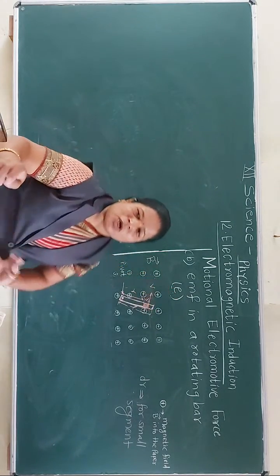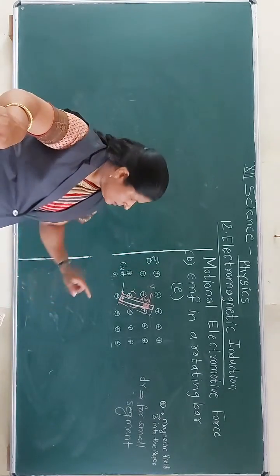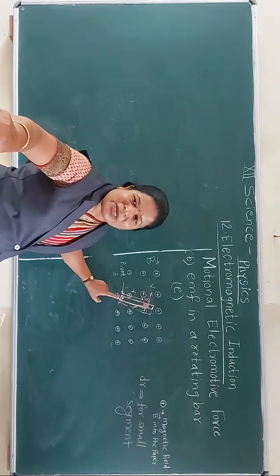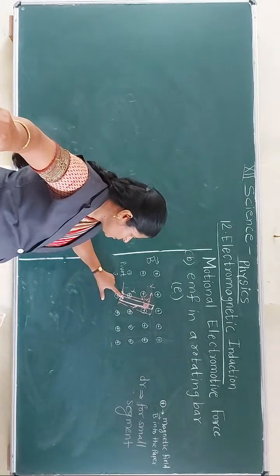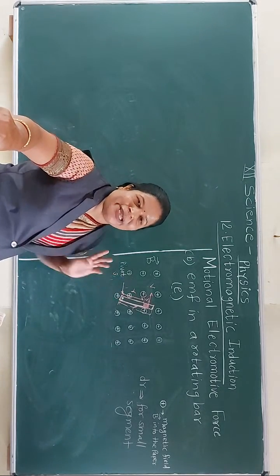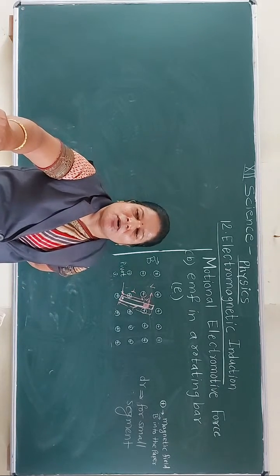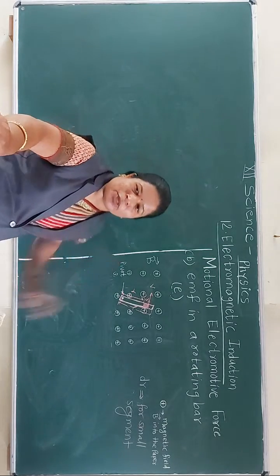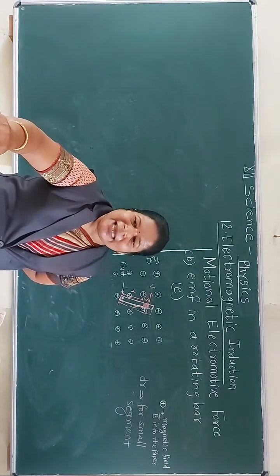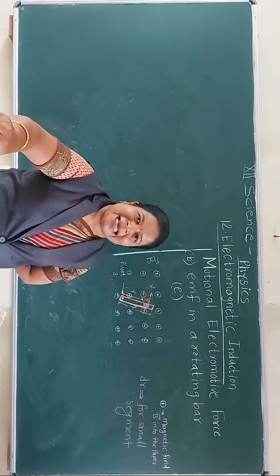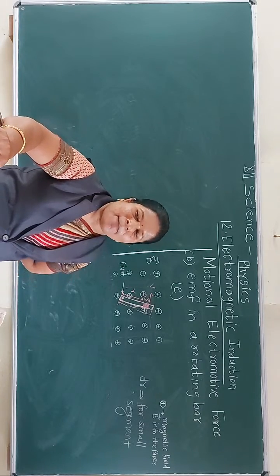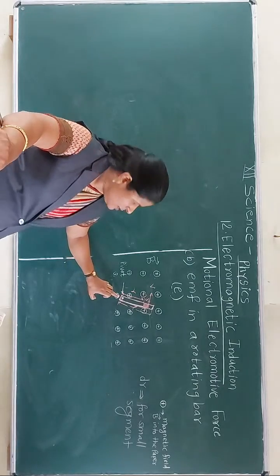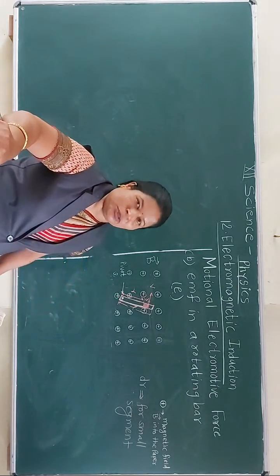So, as I told you, a conducting bar rotating around the pivot. Pivot means the central point on which it balances. It rotates about one end in a uniform magnetic field that is perpendicular to the plane of rotation.